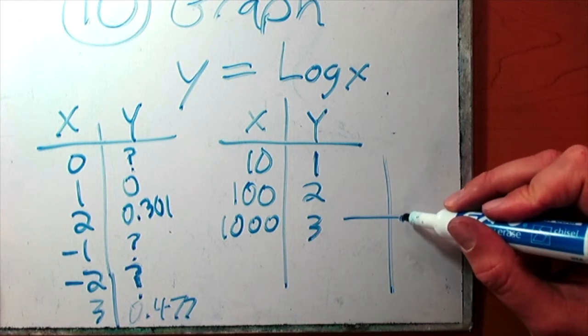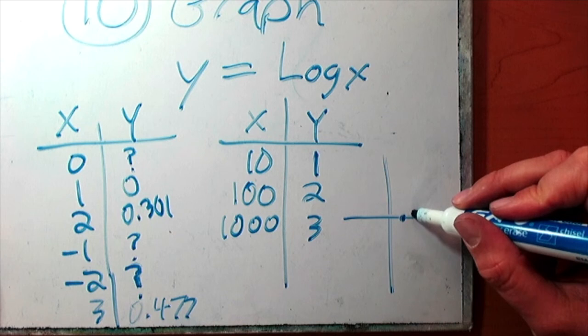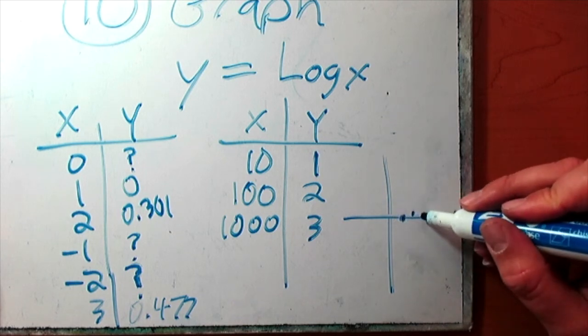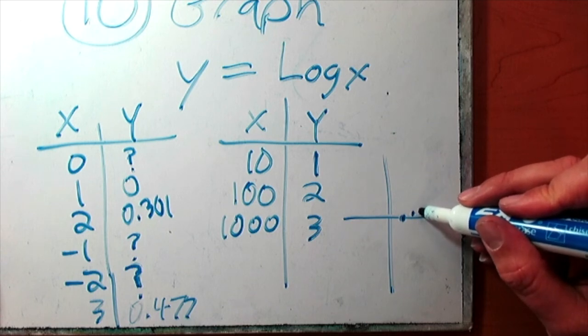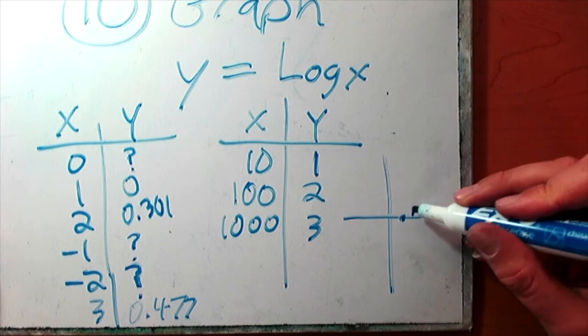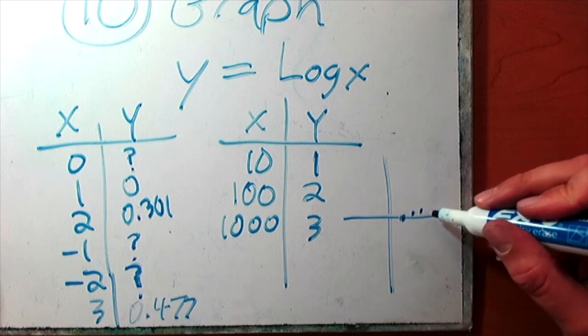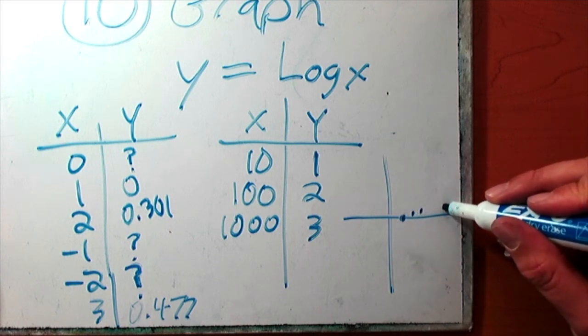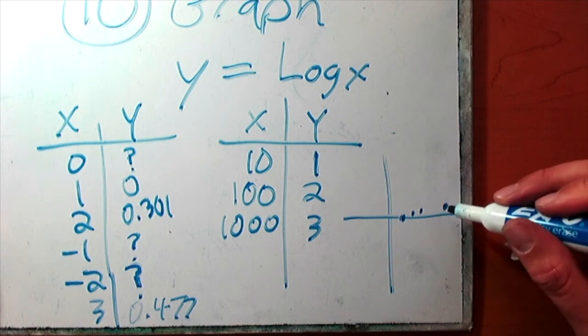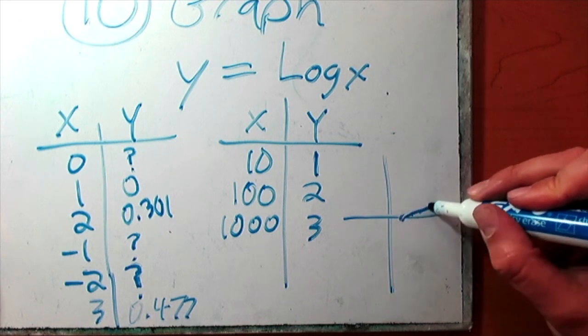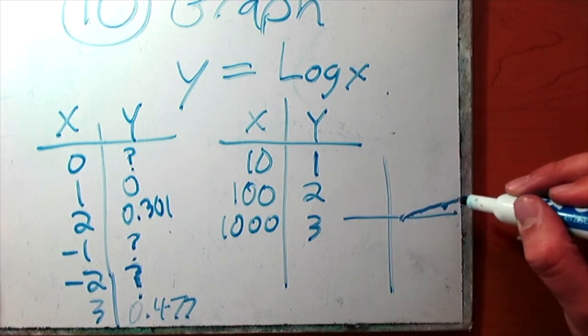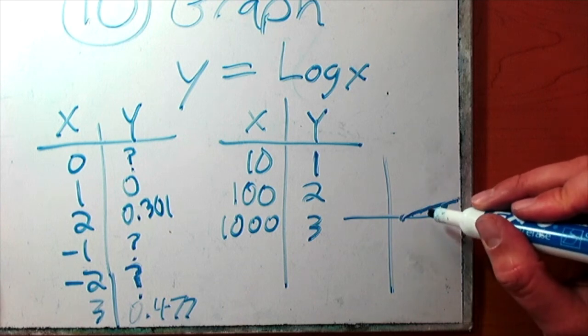Now if x is 2, it equals something super close to 0. And we said x equals 3, it also equals super close to 0. And when x equals 10, then y equals 1.